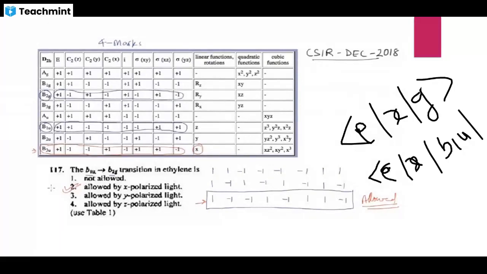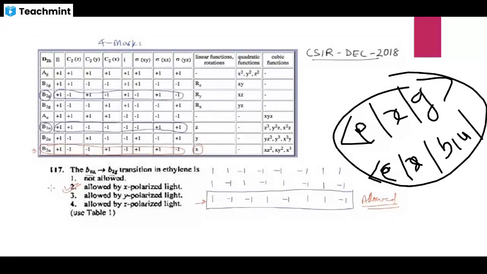This is the concept, but you don't need to go with this concept. If you multiply this, first is A1g, B1u, you multiply with B2g.